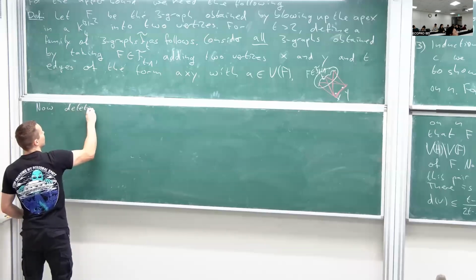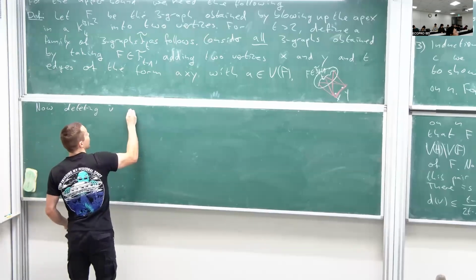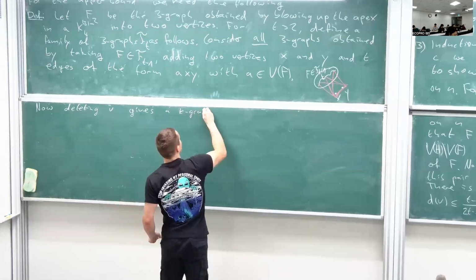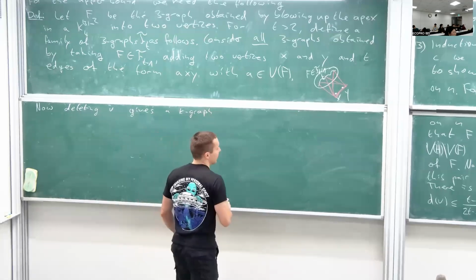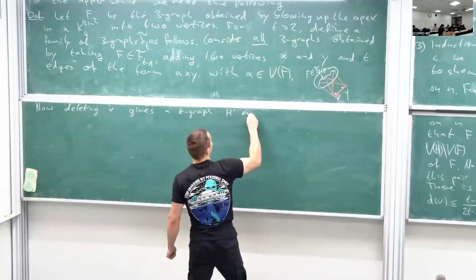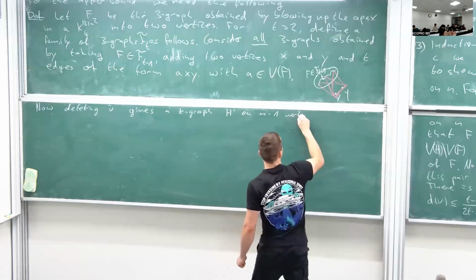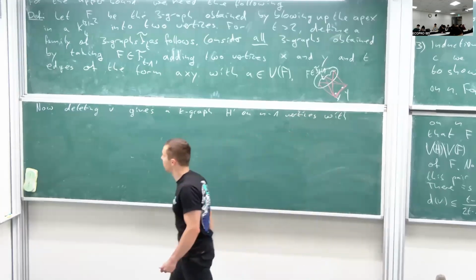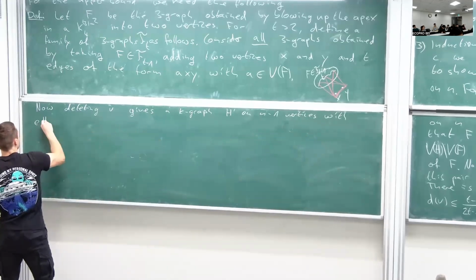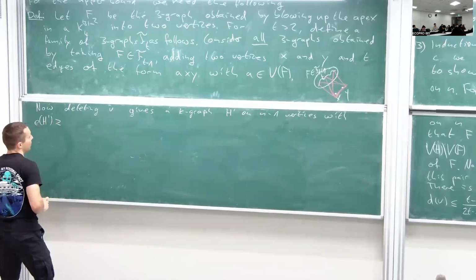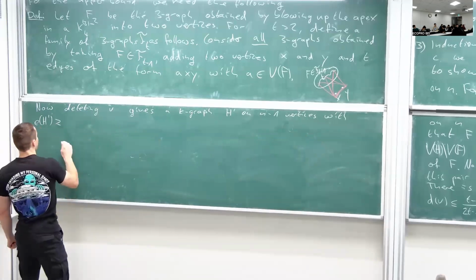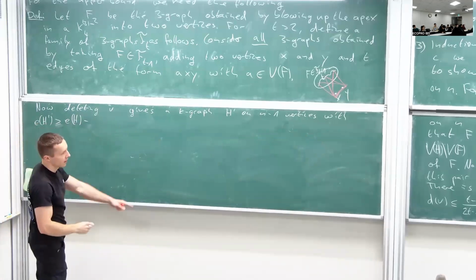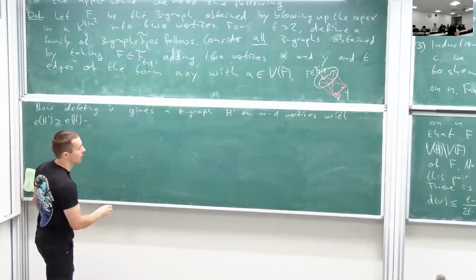Okay, so now deleting v gives the 3-graph H prime on n minus 1 vertices with the number of edges being this minus this number.